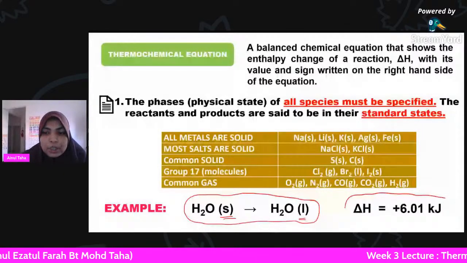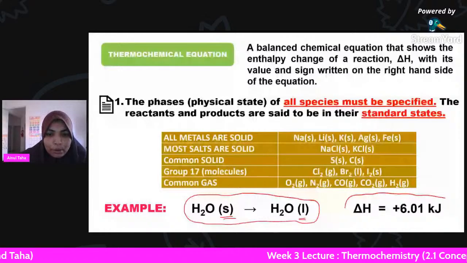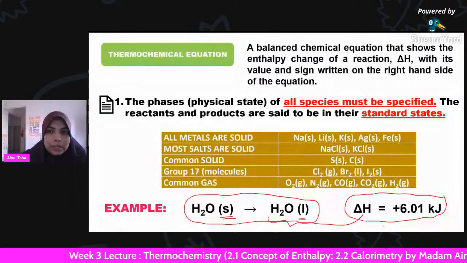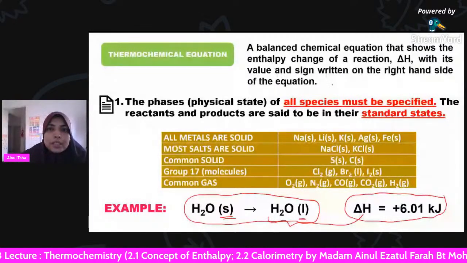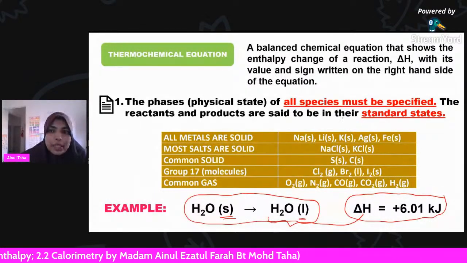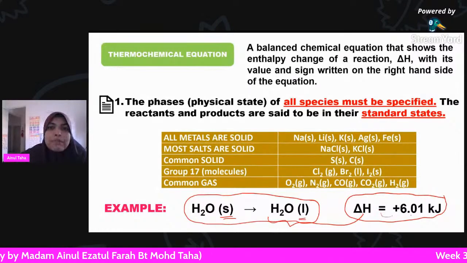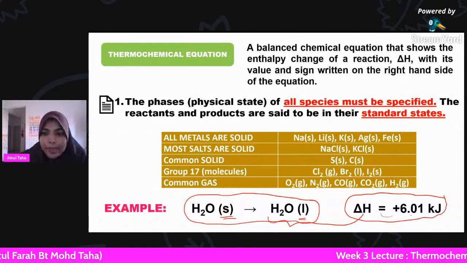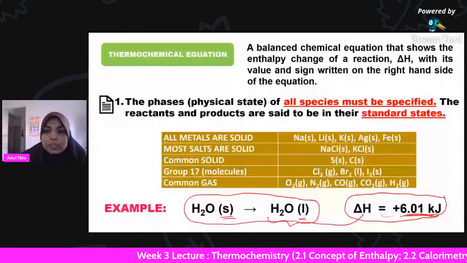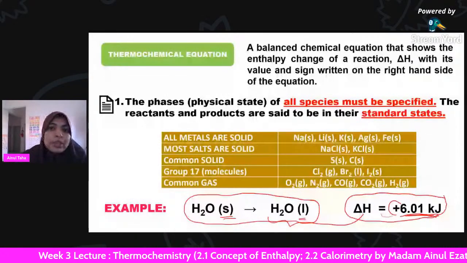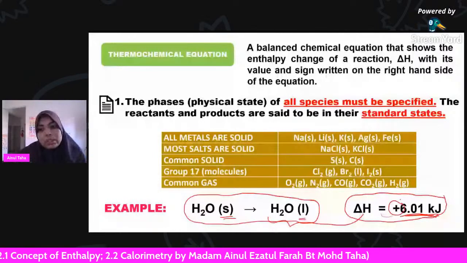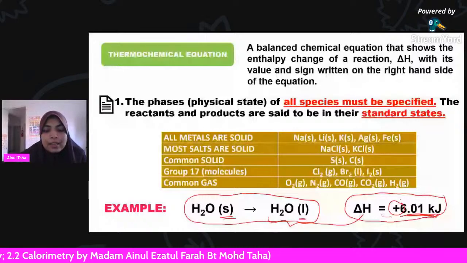When we have all this, we call it a thermochemical equation. That's why we say a balanced chemical equation that shows the enthalpy change with its value and sign. See the value with the correct joule or kilojoule and the correct sign, positive or negative, because it shows whether it is exothermic or endothermic. So it's always on the right hand side.